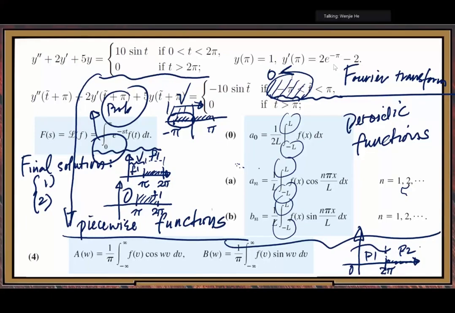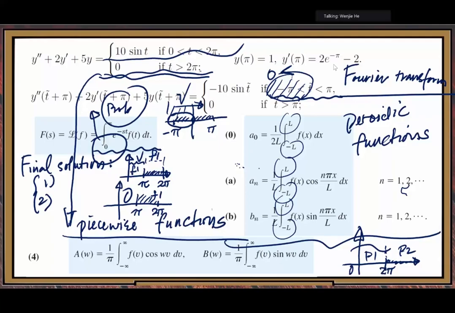It looks pretty natural, right? In piece 1, you only need to consider the first function, right? In piece 2, you use the second function, right? Two functions. Piece 1, piece 2.